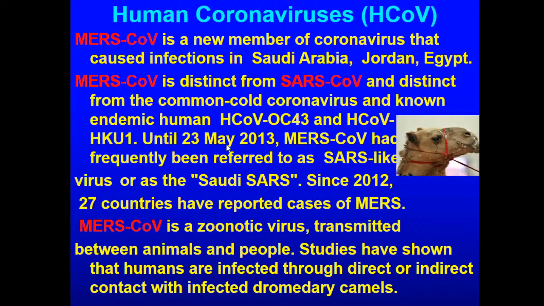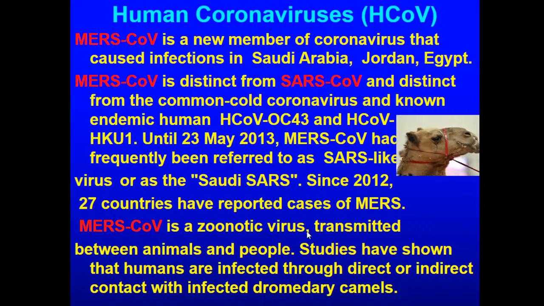Until the 23rd of May 2013, and it appeared in 2012, MERS coronavirus had frequently been referred to as the SARS-like Saudi virus, but since 2012, we know now that around 27 countries have reported cases of MERS, Middle East Respiratory Syndrome.